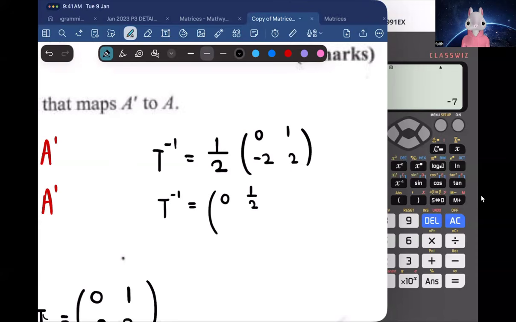What is a half by -2? Again, if you have trust issues, put it into the calculator. -1, yeah. And what is a half by 2? A half by 2 is 1.